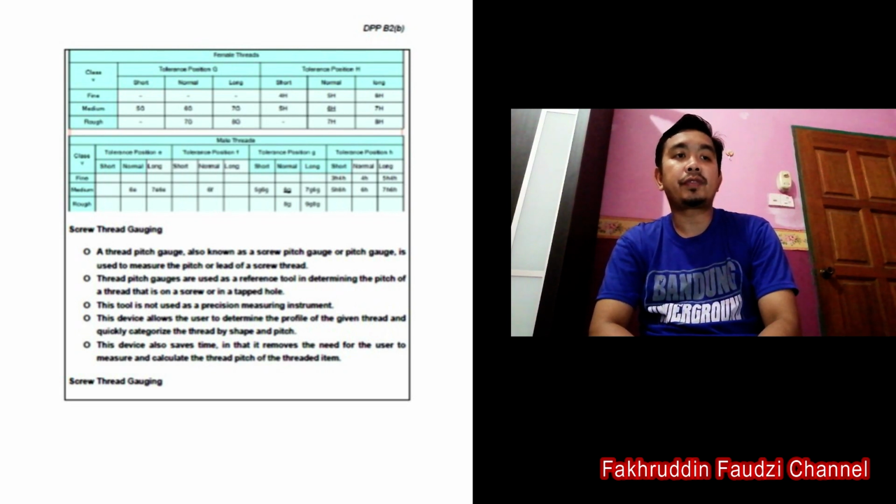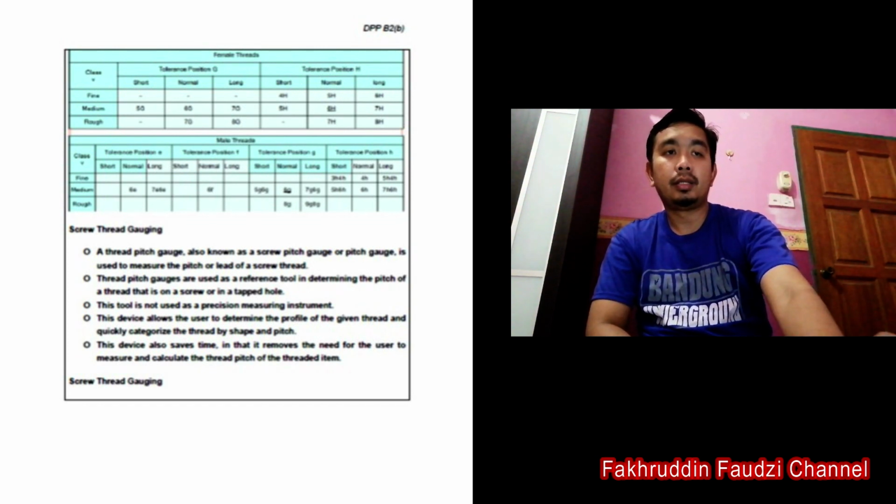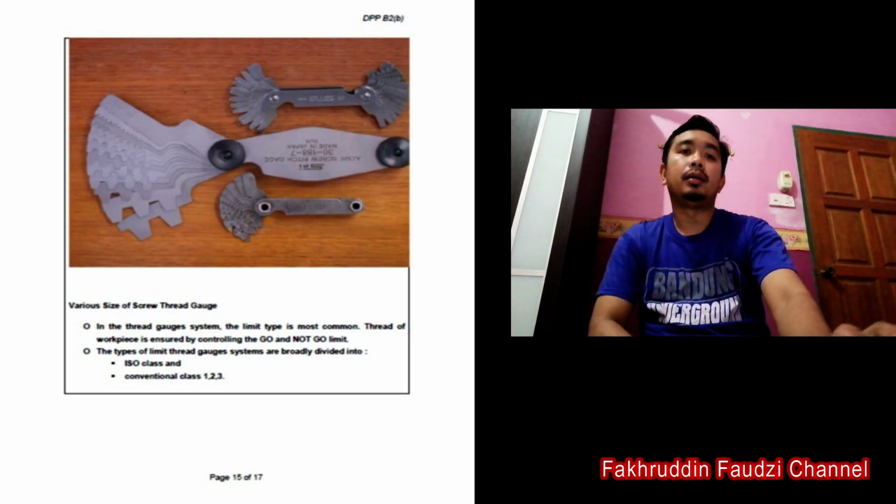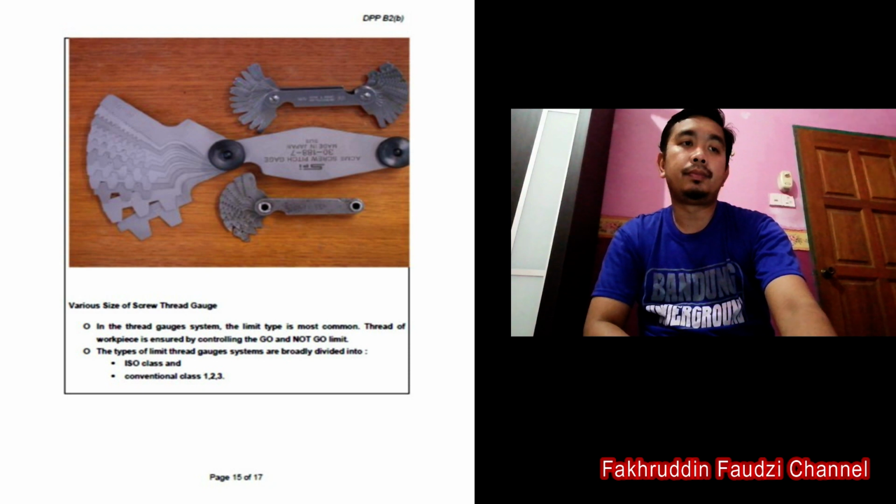This device also saves time in that it removes the need for the user to measure and calculate the thread pitch and thread depth. Okay, ini adalah gambar rajah untuk screw thread gauge lah.